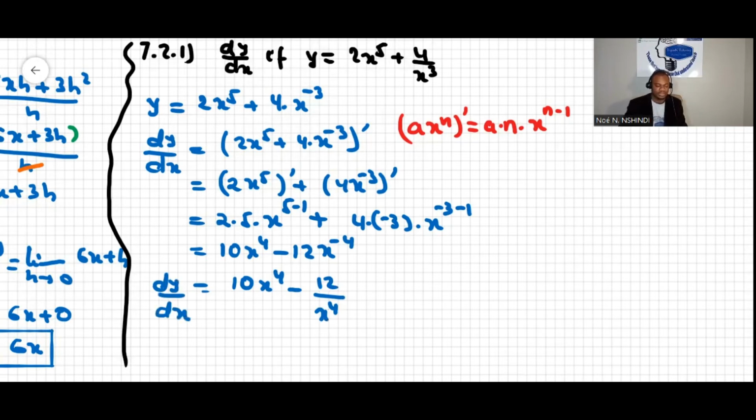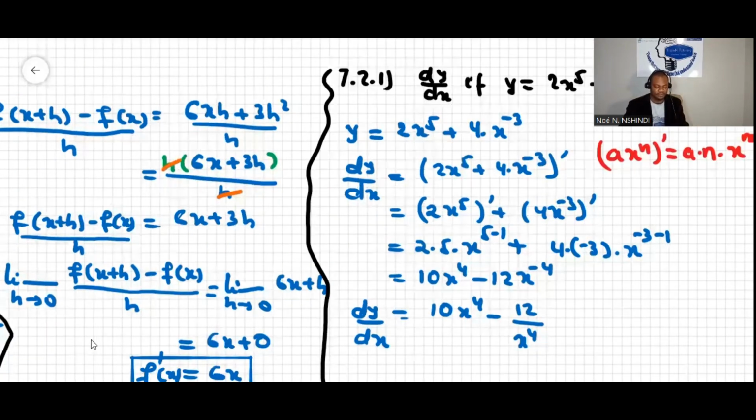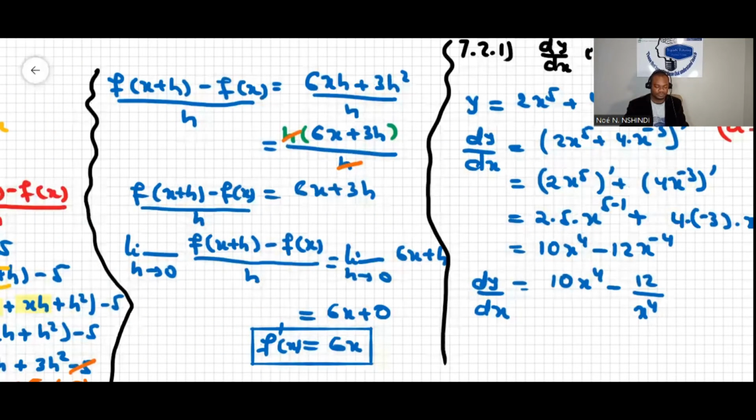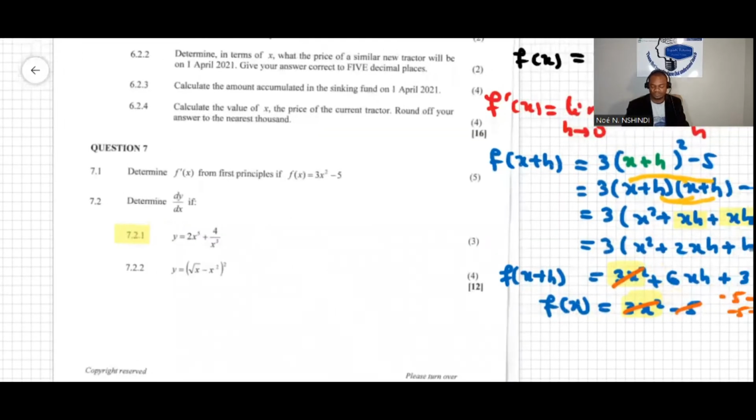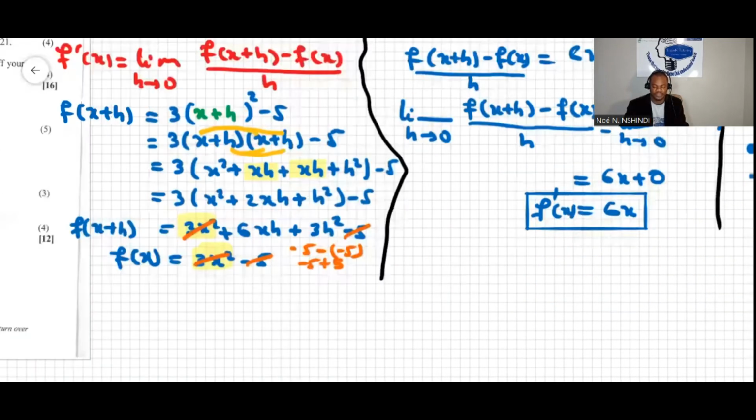Thank you. And then let's see 7.2.2. The equation is y equals the square root of x minus x to the power of 2, all to the power of 2. Now we're going to differentiate this function.